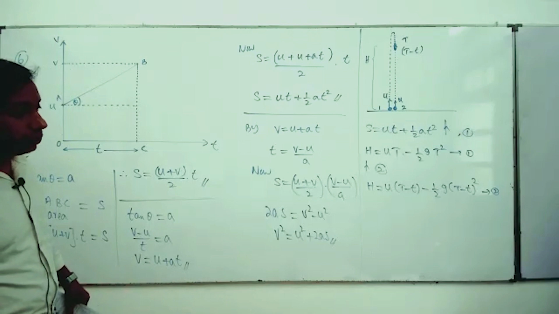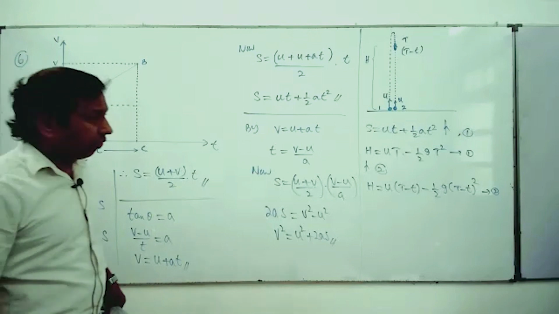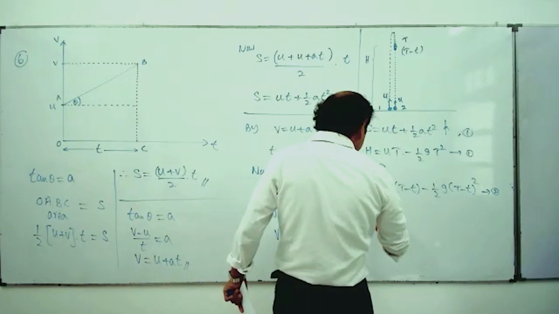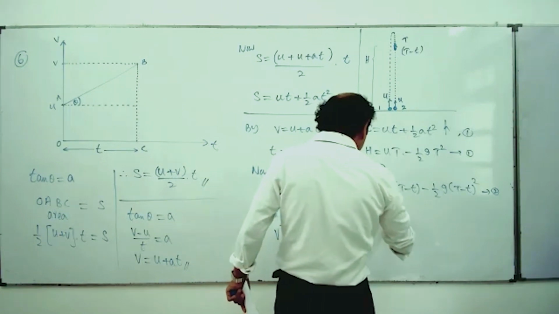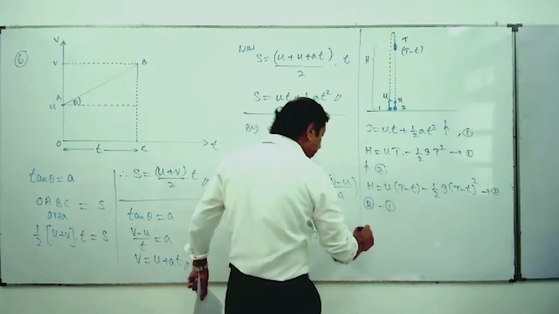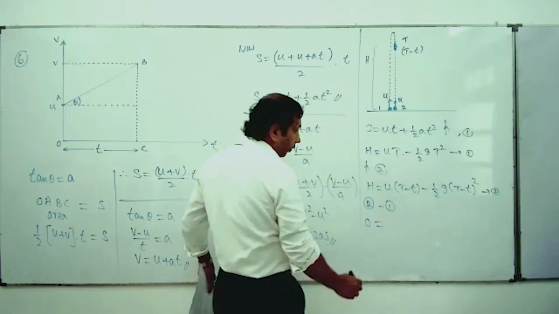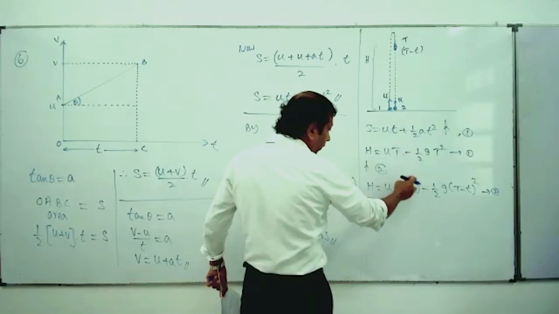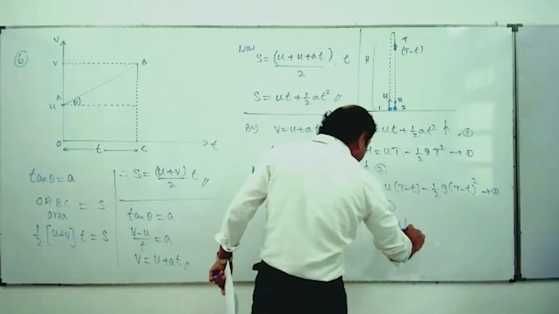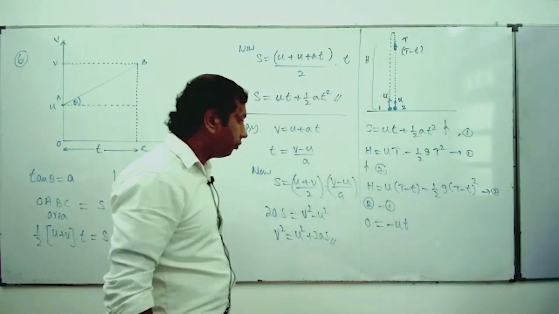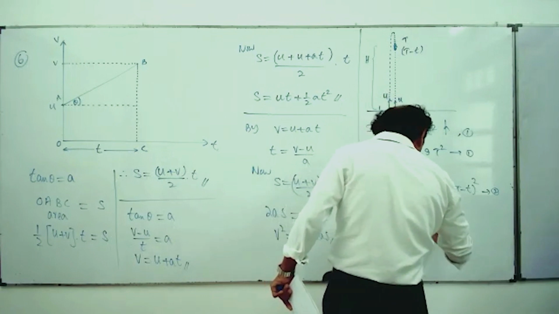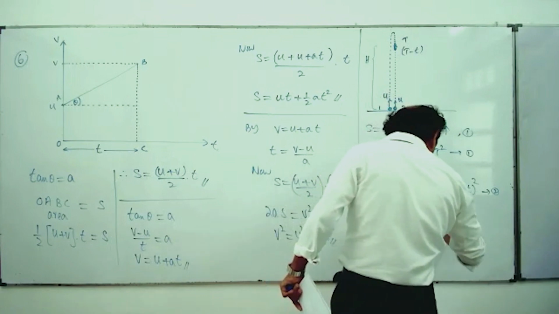By solving these two, we get the capital T answer we are asked for. Take 1 minus 2, or 2 minus 1, whichever is correct. h and h cancel to 0. Here ut minus ut will be 0, then here we get minus u small t. Now take minus g by 2 out, then here we get T squared minus (T minus t) perfect square.